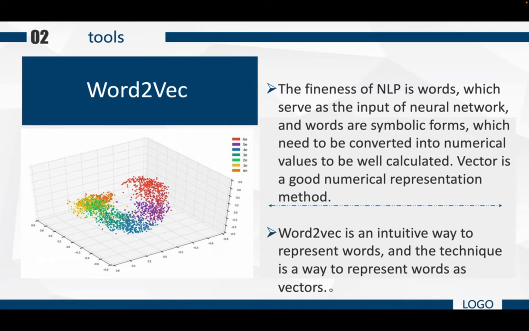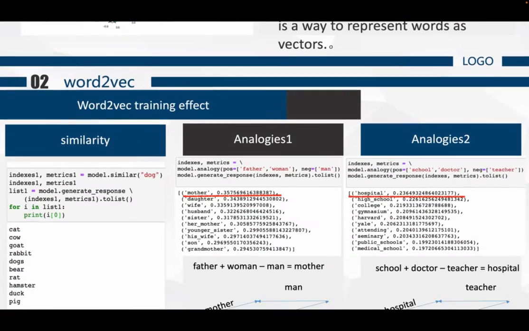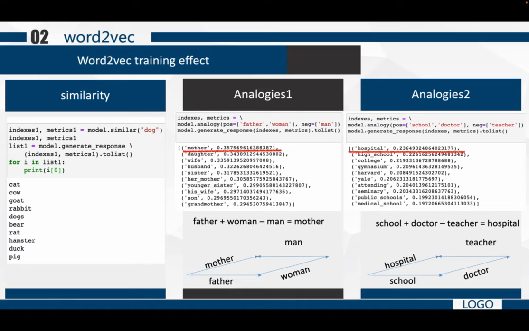Word2Vec is a group of related models for generating word vectors. These models are shallow two-layer neural networks trained to construct linguistic word contexts. So far, I have learned the basic usage of Word2Vec on some simple text. Here is the result of Word2Vec after training. We can use a vector to represent each word.